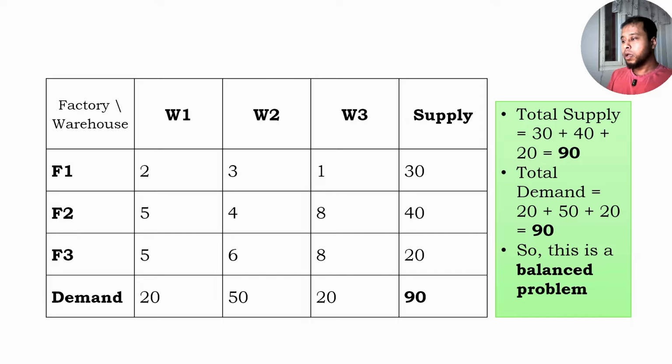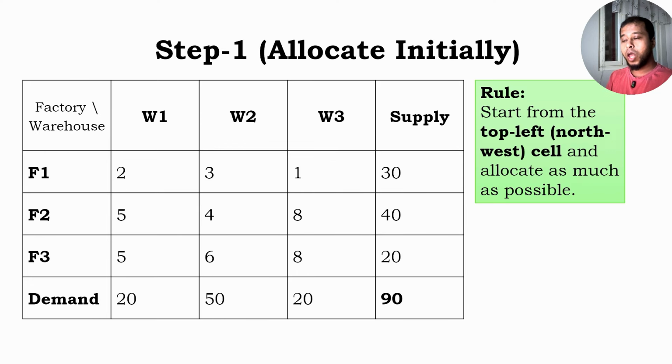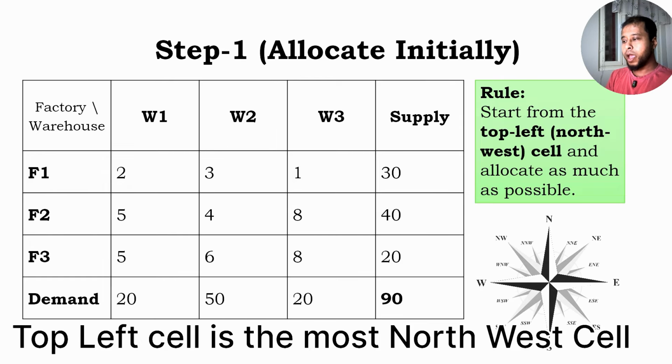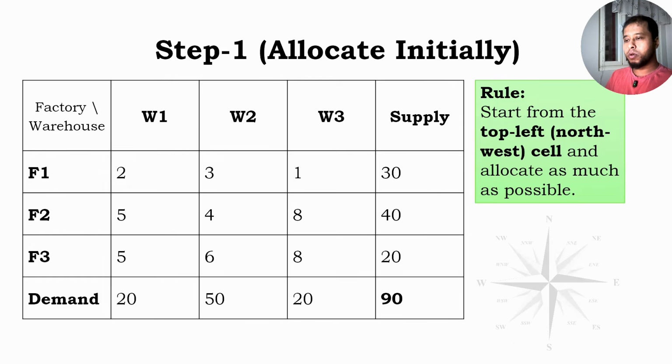So here supply is 30, 40 and 20, which is 90, and demand is 20, 50 and 20, which is 90. So it is a balanced problem. Step 1, allocate initially. The rule is pretty simple. Start from the top left cell and allocate as much as possible.